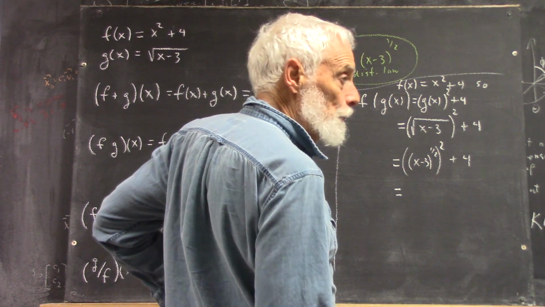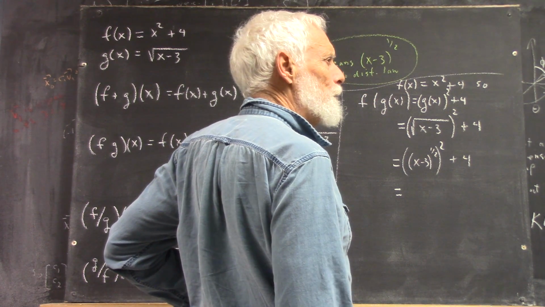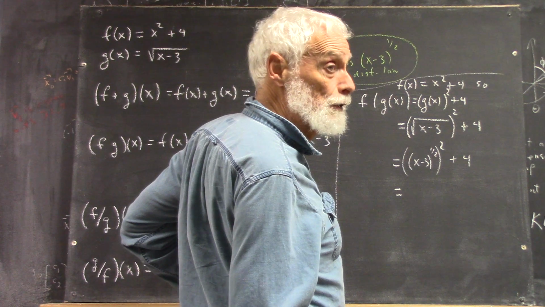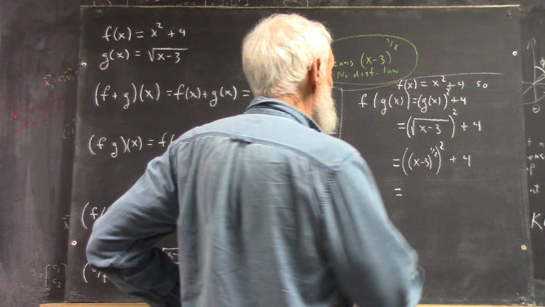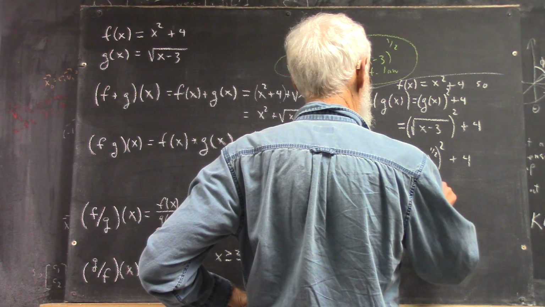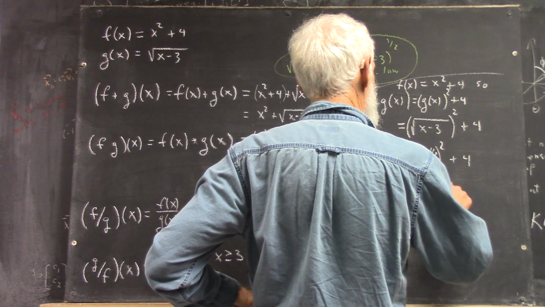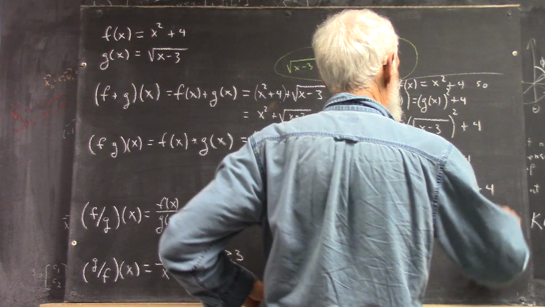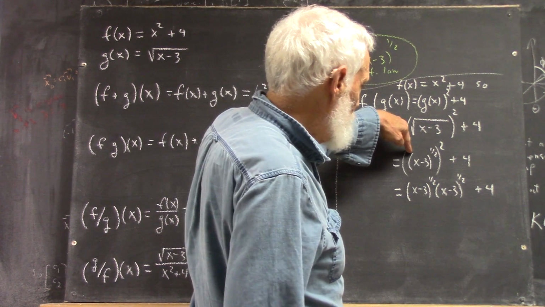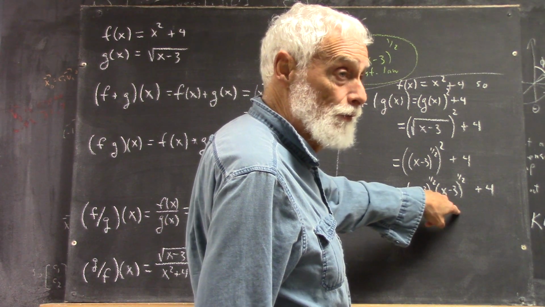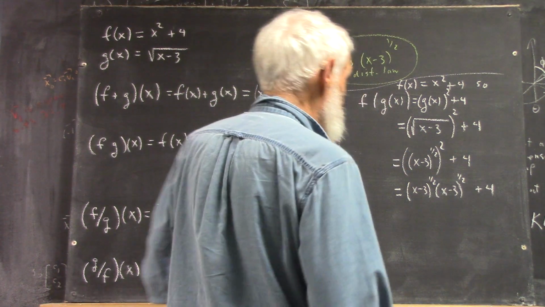But if you don't remember what the law is, or if you have to stop too long to think about it, well, you keep doing problems. You do enough problems, you get used to the law. Okay. But you also think about why the law is. It's because squaring x minus 3 to the 1/2 just means you multiply x minus 3 to the 1/2 by x minus 3 to the 1/2.